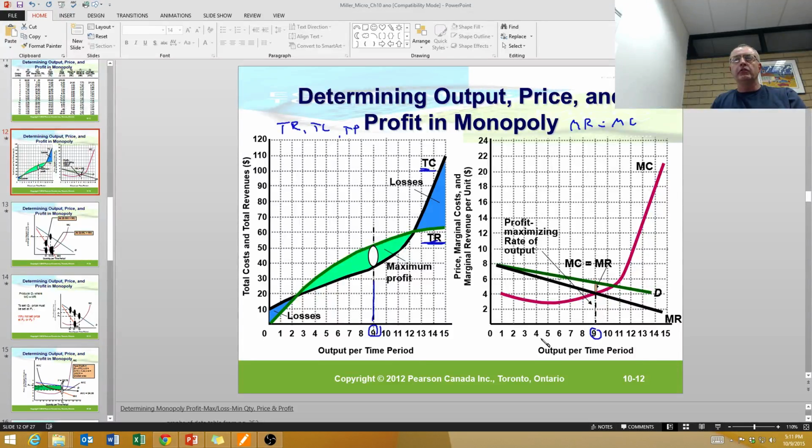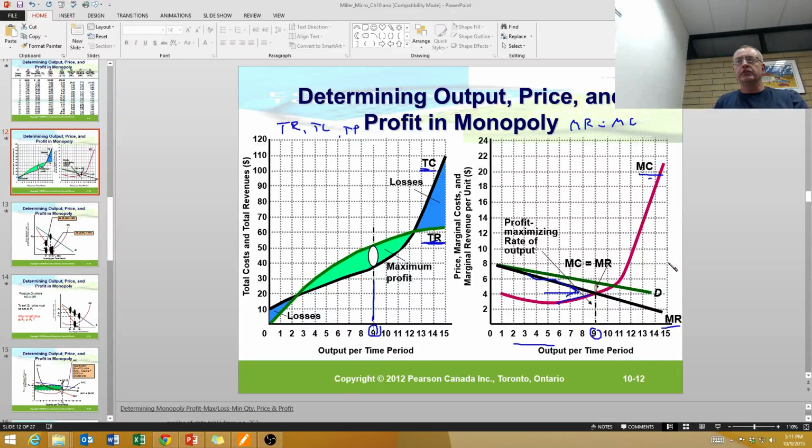Why? Because if we produce less than 9, our marginal revenue exceeds our marginal cost in that area, so we can always increase our net income by producing an additional unit. Conversely, in this area greater than 9, marginal cost exceeds marginal revenue.